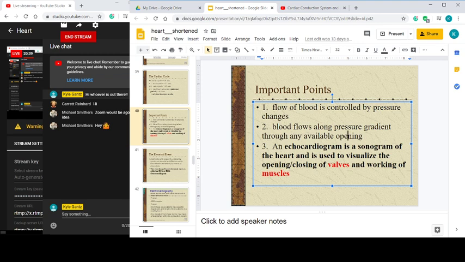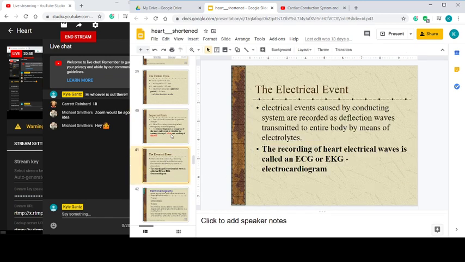Anyway, an echocardiogram is a sonogram of the heart and is used to visualize the opening and closing of valves and the working of the muscles. Okay, so we've heard of people getting echocardiograms, and what that does is look at the valves being opened and shut.